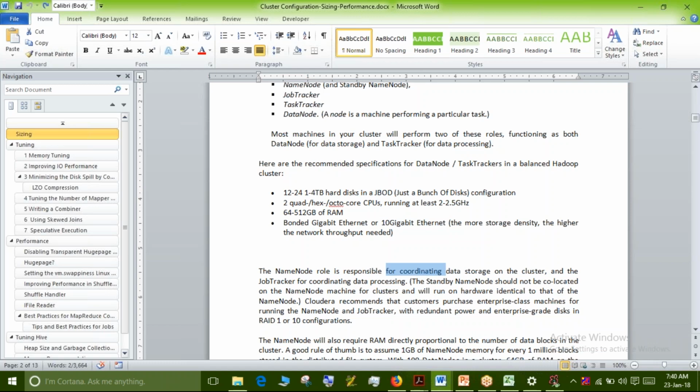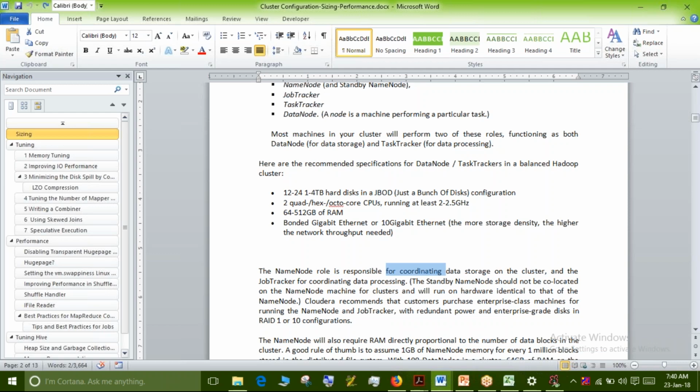The standby name node should be co-located on the name node machine for clusters that will run on hardware identical to that of the name node. Cloudera recommends that customers purchase enterprise class machines for running the name node and job tracker. I think now you got the point.